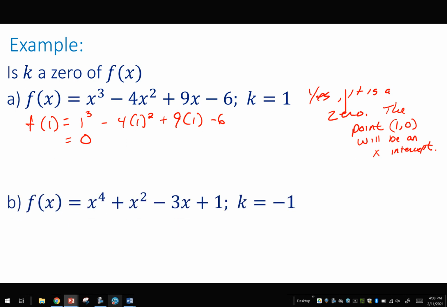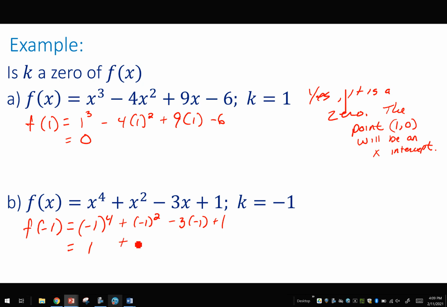Okay, let's do another one. Now they say use a different polynomial, but evaluate it at negative 1. So f of negative 1 would be negative 1 to the fourth, and use your parentheses on that. If you simply put in negative 1 to the fourth in your calculator, it's going to tell you negative 1 as an output, which is false. It's negative 1 raised to the fourth power, which is positive 1. And then we're going to have plus negative 1 squared. Again, use your parentheses so you don't mess up. Minus 3 times negative 1 plus 1.